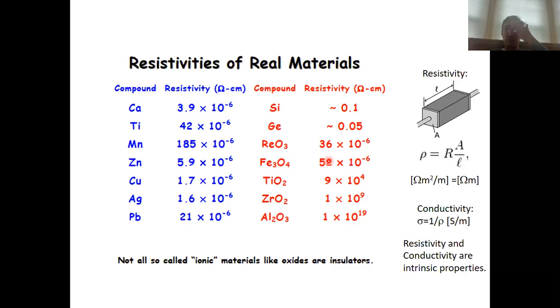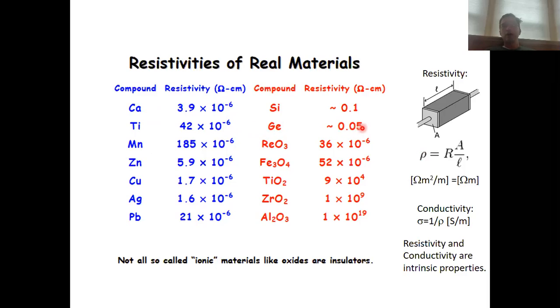And you see that the resistivities actually vary by many orders of magnitude. So for instance, for silicon, we have a resistivity of about 0.1 ohms times centimeters. So this is of course many orders of magnitude higher than the resistivity of these metals here. Germanium is about similar, but a little bit smaller.